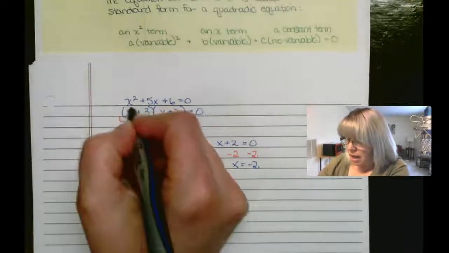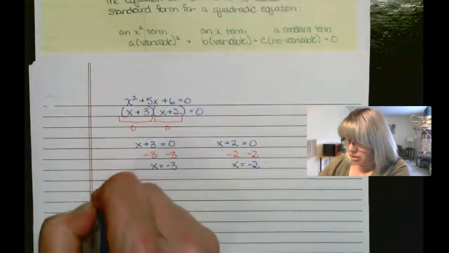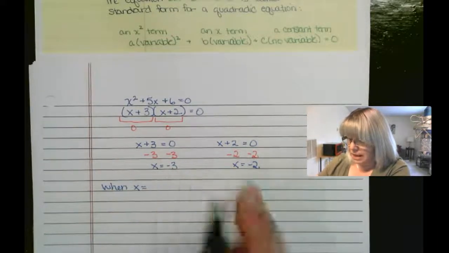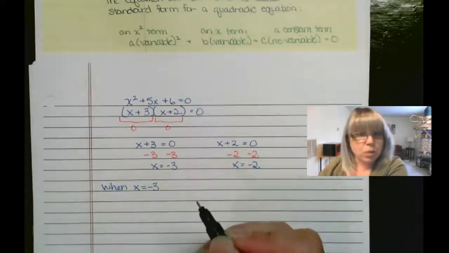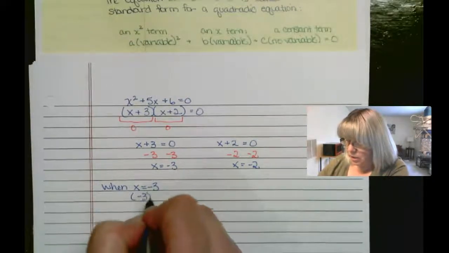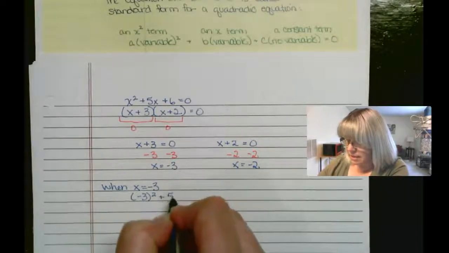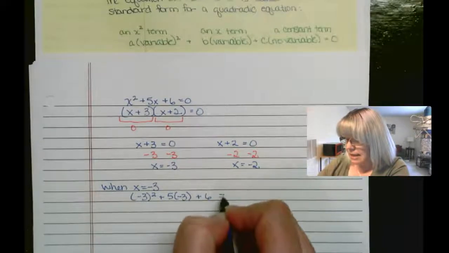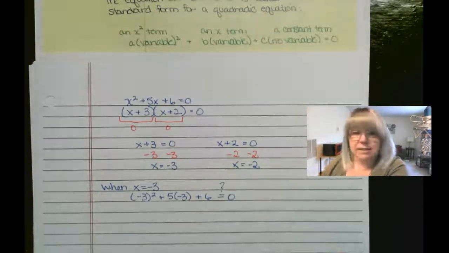Now, in the original equation, when x equals negative 3, because that's what I said one of my solutions was, I get negative 3 squared plus 5 times negative 3 plus 6. Does that equal 0?